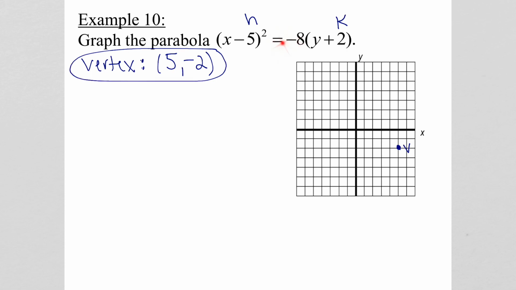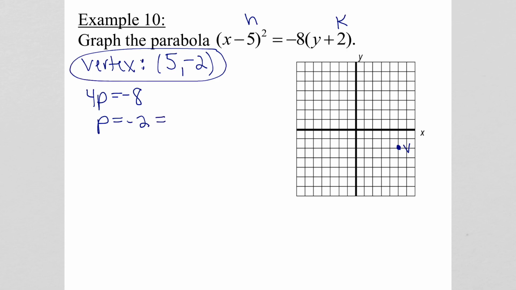This here represents 4p, so I set 4p equal to -8. It's not always -8. In the last example, example 8, it was -8 too. But anyway, p is -2 here.